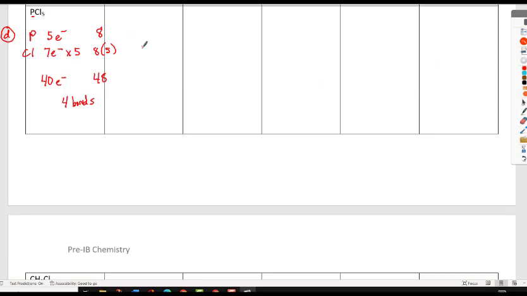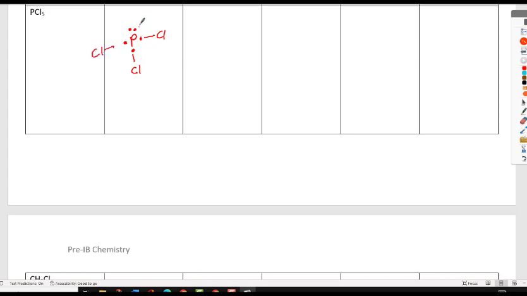So let's draw out PCl5. If I take phosphorus, it's essentially 5 valence electrons, right? And now we're just going to get a chlorine attached to every single one of those.